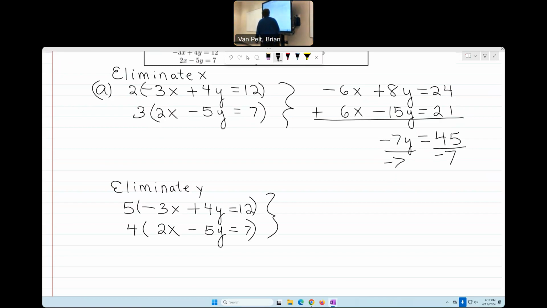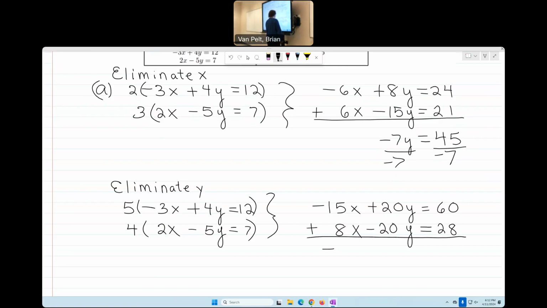So here, this time we're going to get negative 15x plus 20y equals 60. Then we have 8x minus 20y. This is where you know we've done the right thing. You're going to see that the y's are going to disappear. And on the other side, you get 28. Add these.